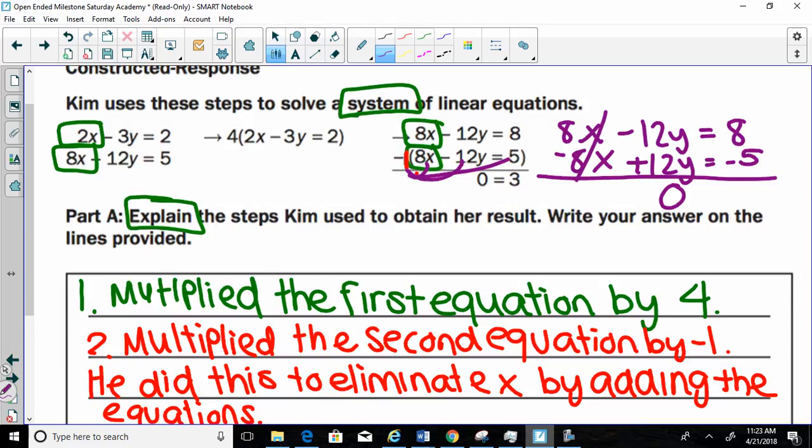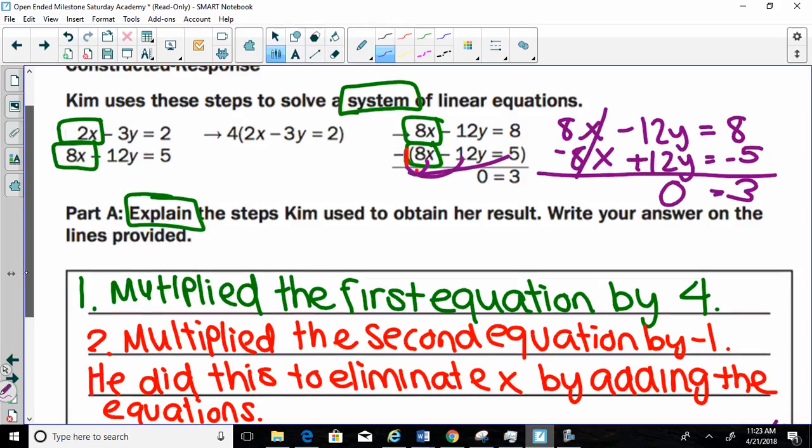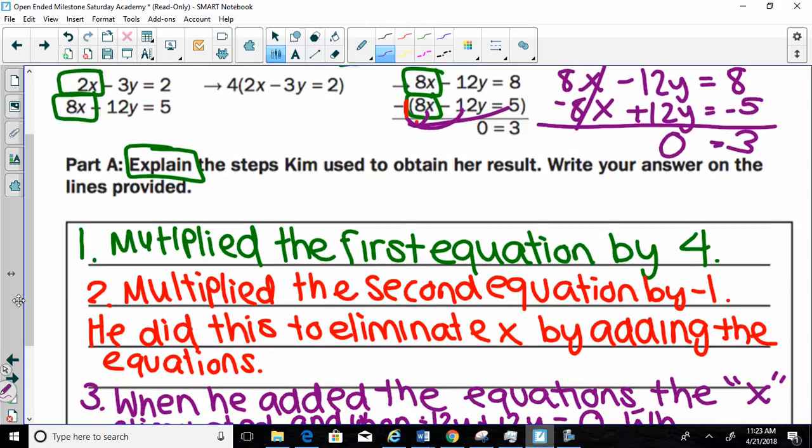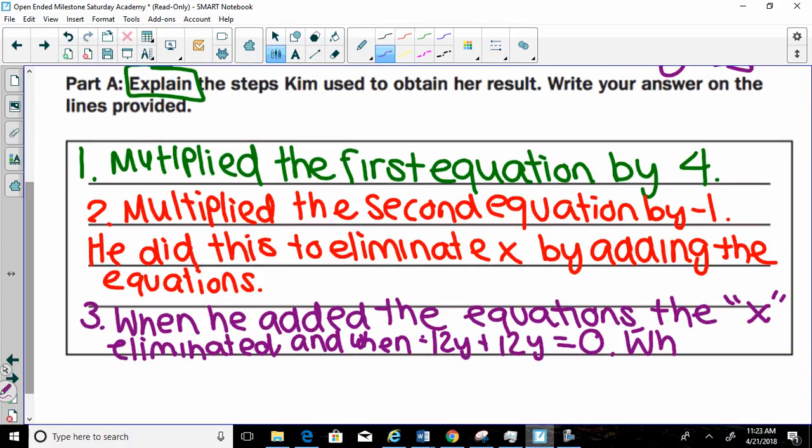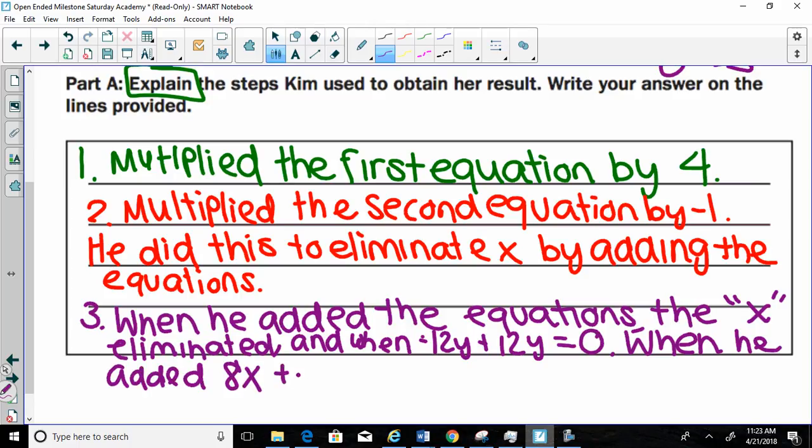And when they add the 8 plus negative 5, what do they get? 3. That's an arrow. So when he added 8 plus negative 5, you got 3.